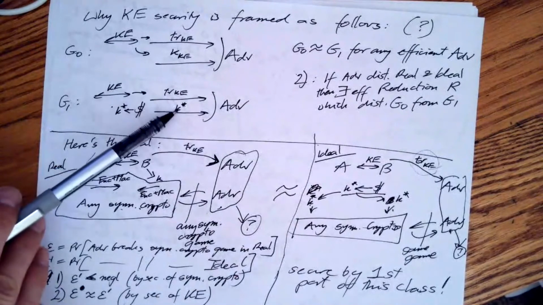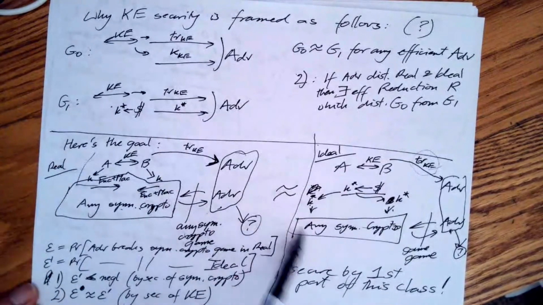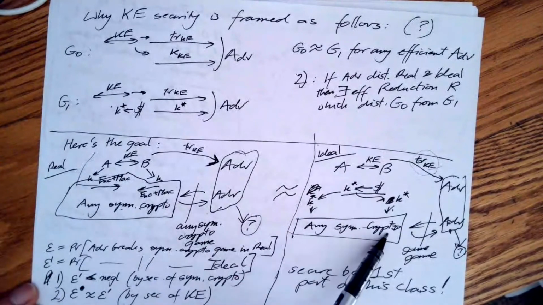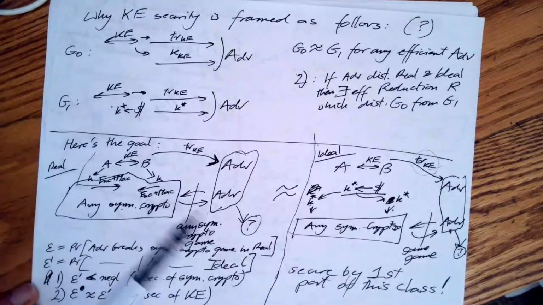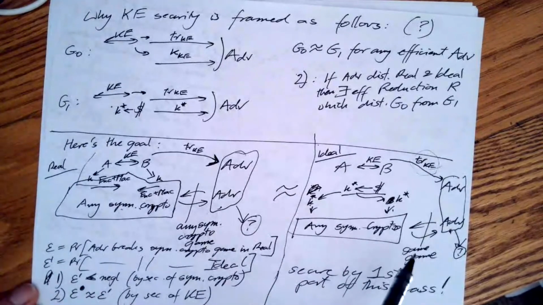If the key was an independent K-star, then the reduction emulates this picture, right? It had an independent K-star and it ran symmetric crypto on it. So this reduction distinguishes between these two if there is an attacker that can distinguish this from that.